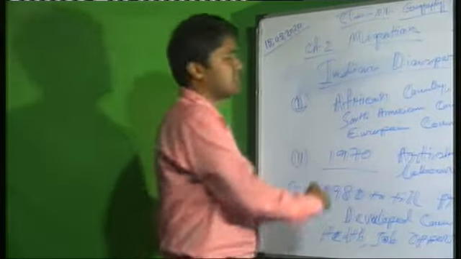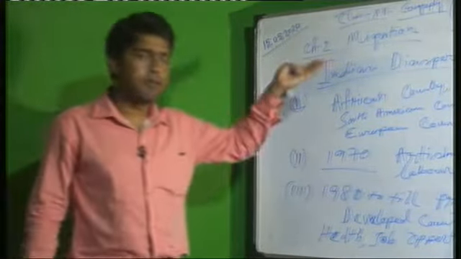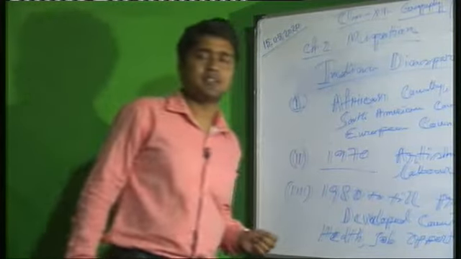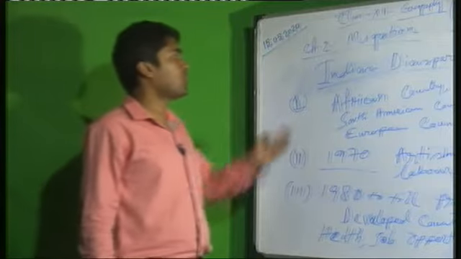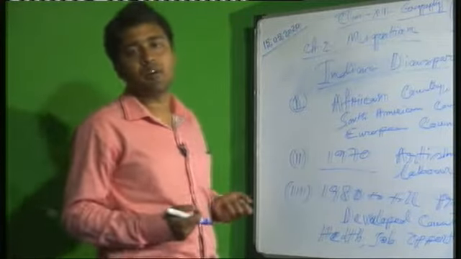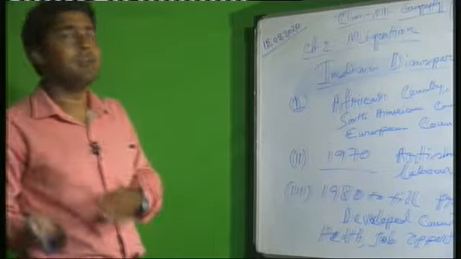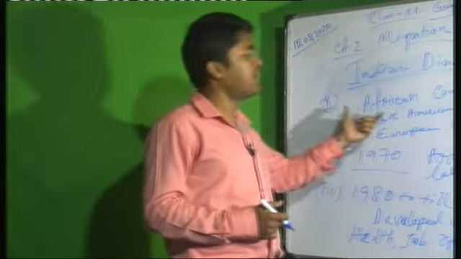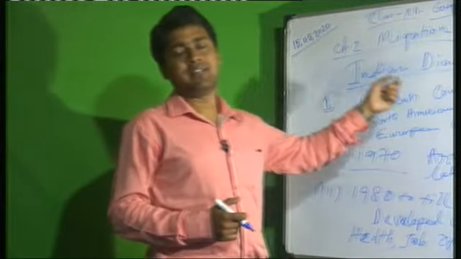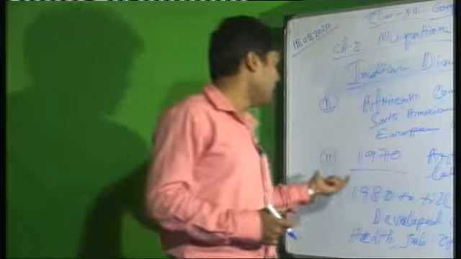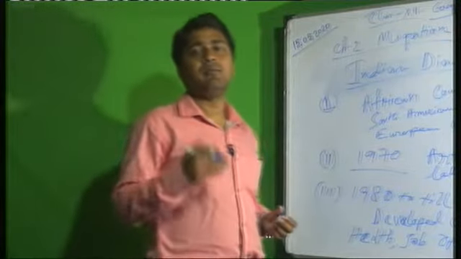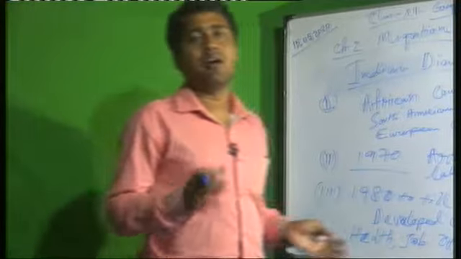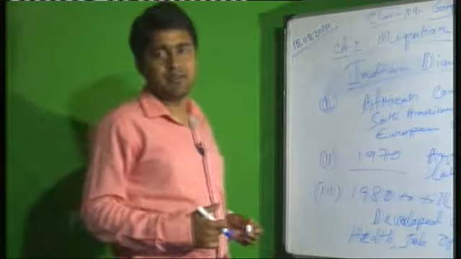So these three phases, from the colonial period till today, are divided into three phases, and this total is called the Indian diaspora. It is very important because people migrate from India to another country for several reasons. First, during the colonial period, people were forcefully shifted as slaves or workers. Then in the 1970s, people shifted from India to another country for skilled labor or artisan work or other types of activities.